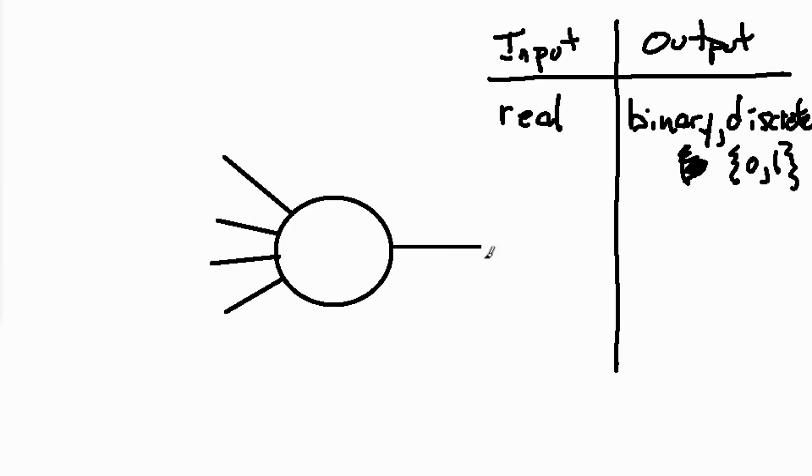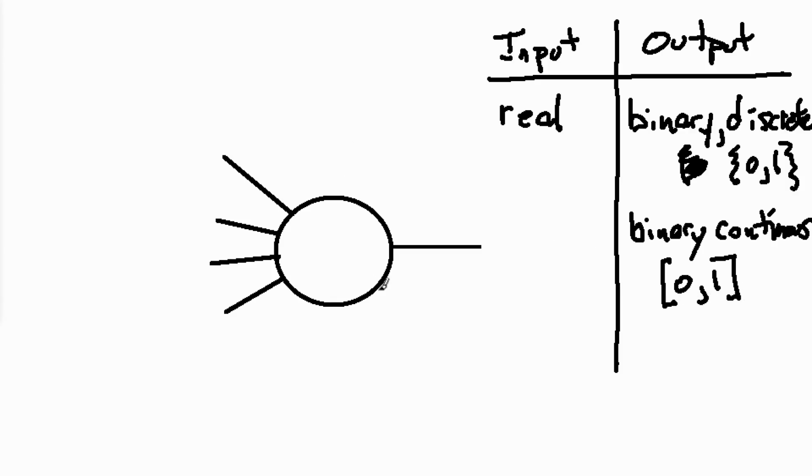But it turns out that you can have other combinations of things over here. You can also have binary continuous. I apologize for squeezing it in there. In that case, the output would be in the range 0 to 1. That's kind of an interesting thing to talk about.